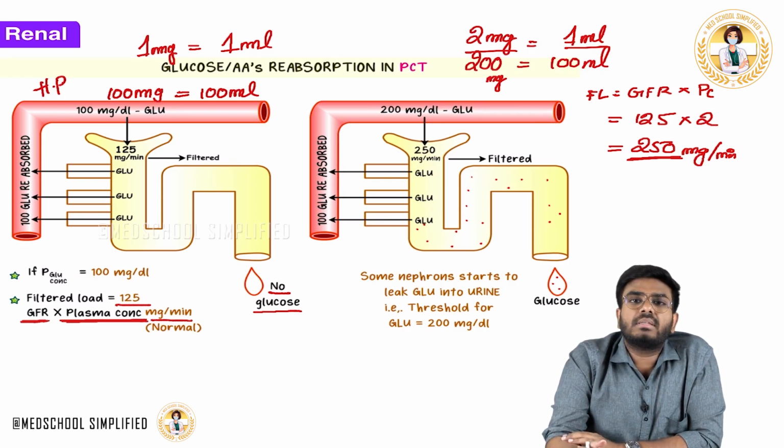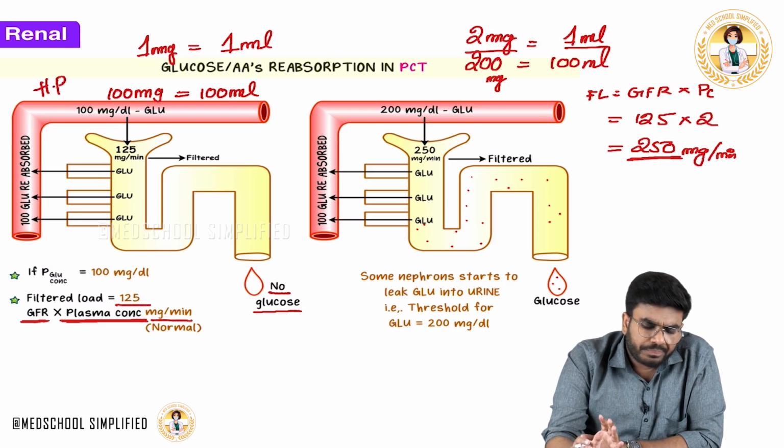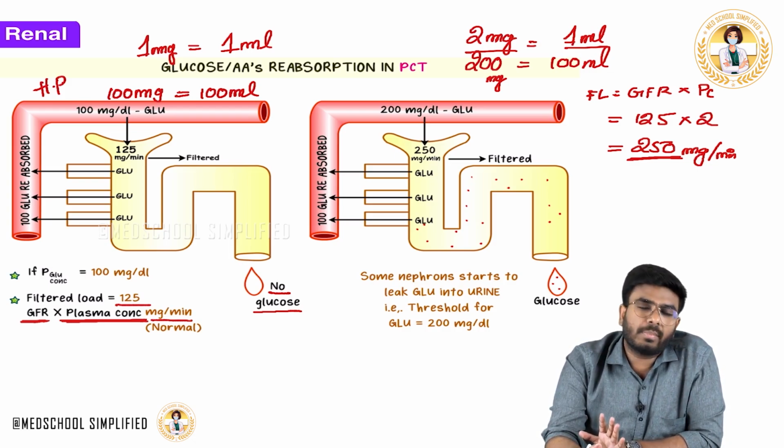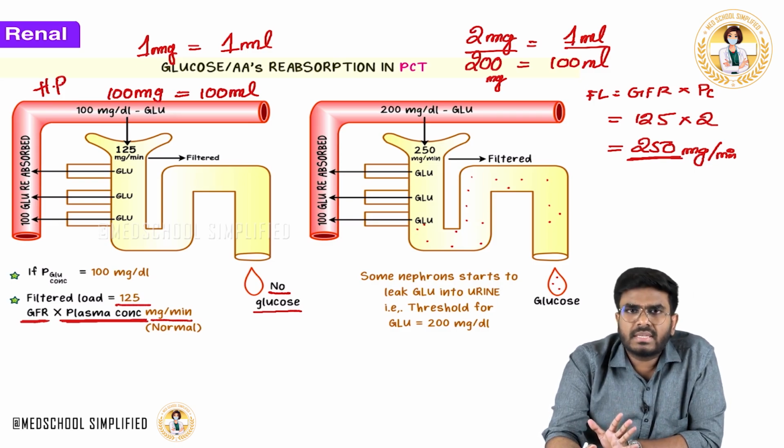Now, see, the glucose filtered load is increased. Now this 250 milligrams of glucose is going into all the nephrons. As the glucose filtered load is increased, all the nephrons do not have the same capability. Usually nephrons can handle this amount of glucose, but don't think every nephron is made in one way.